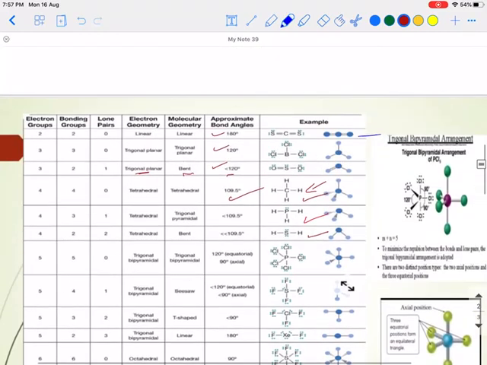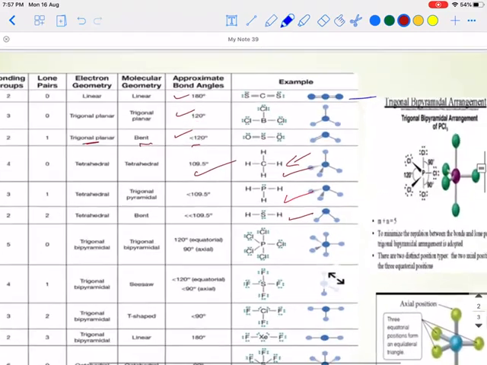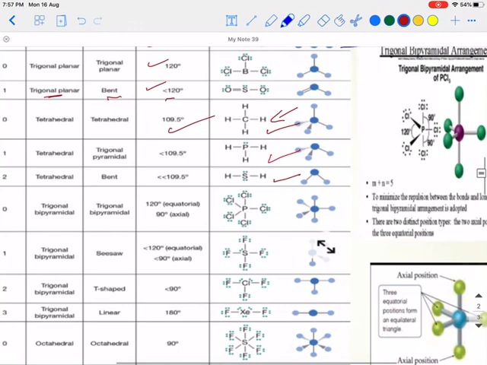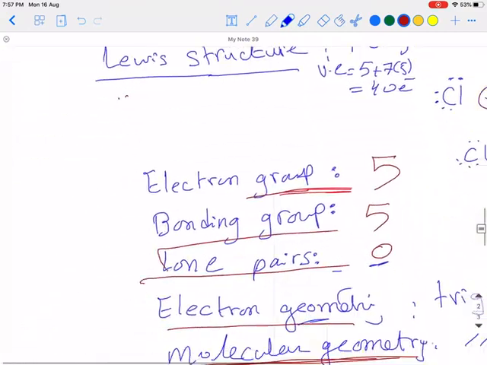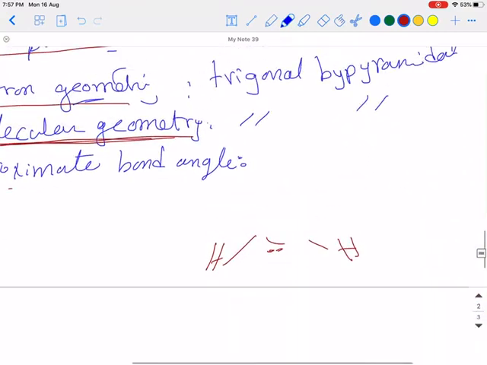What is the approximate angle in trigonal bipyramidal? Let me show you. In trigonal bipyramidal, these are the equatorial, they have an angle of 120 degrees. And these are the axial, they have 90 degrees. So equatorial like this, and this 90 degrees.